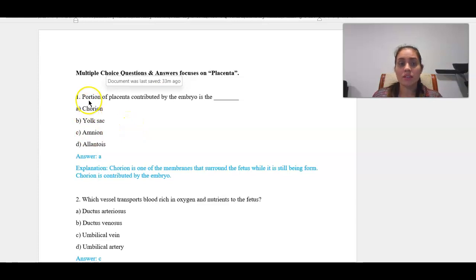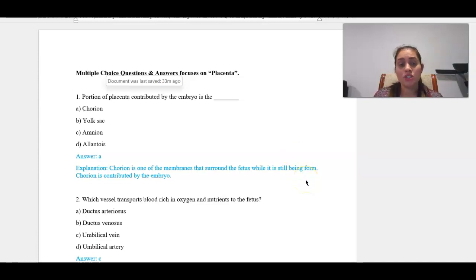So as you can see, the first one is the portion of placenta contributed by the embryo is the chorion, because it is one of the membranes that surround the fetus while it is still being formed, and chorion is contributed by the embryo.